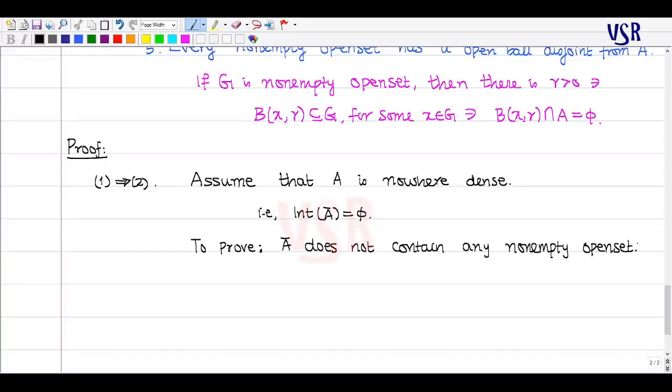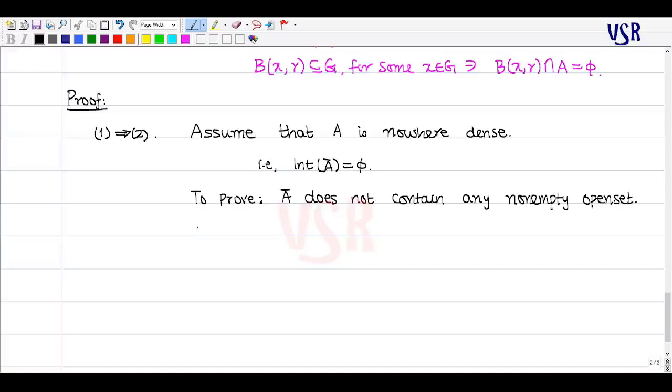That is, இதுக்கு என்ன ப்ரூஃப் பண்ண போறோம் அப்படின்னா, to prove if G is open and G is a subset of A closure, then G is equal to empty set.